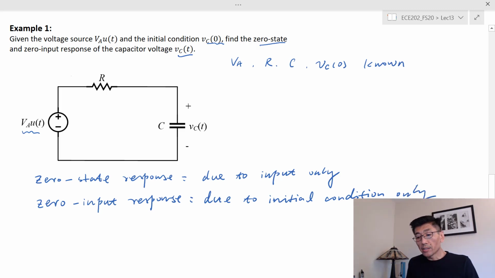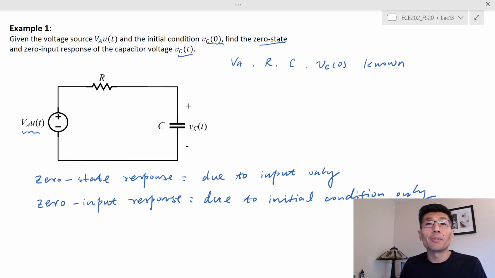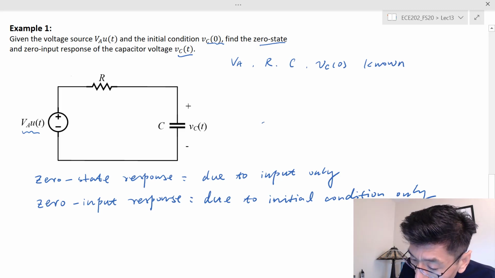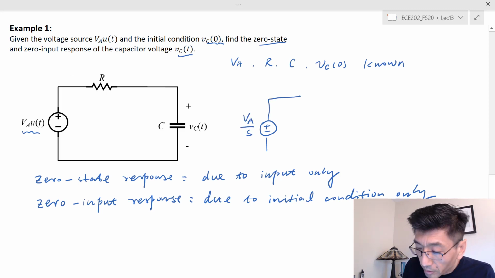So let's see if we can identify this in the S domain. We don't like solving differential equations, right? So we transform this circuit into the S domain. First, the voltage source: we take the Laplace transform of that step function, that becomes VA over S, right?